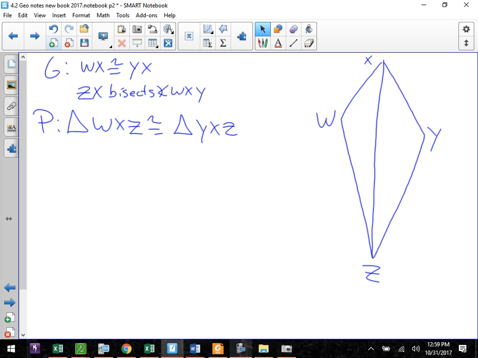In this case, the only thing that has an actual definition is going to wind up being my angle bisector. So on your progression sheet, what does an angle bisector do? Yeah, it creates two equal angles.